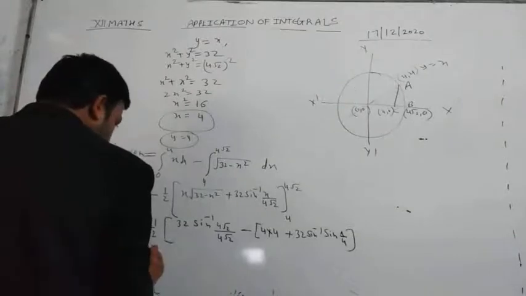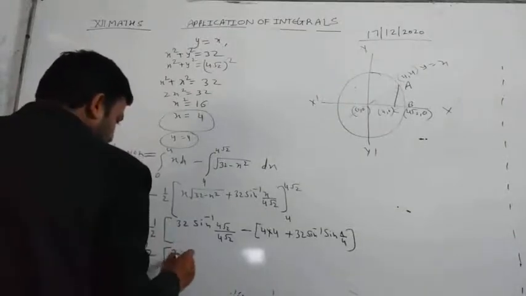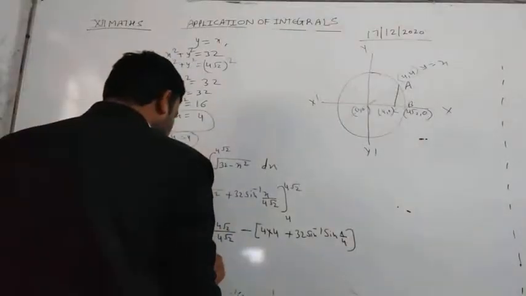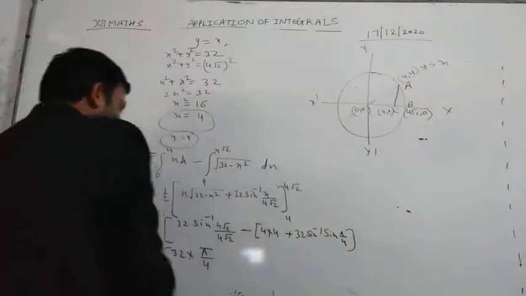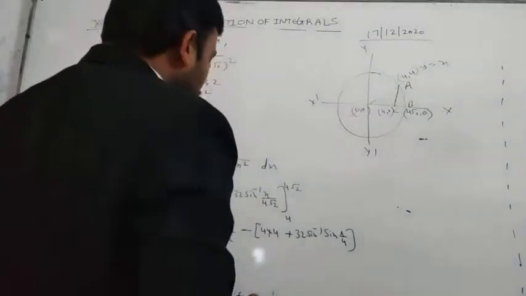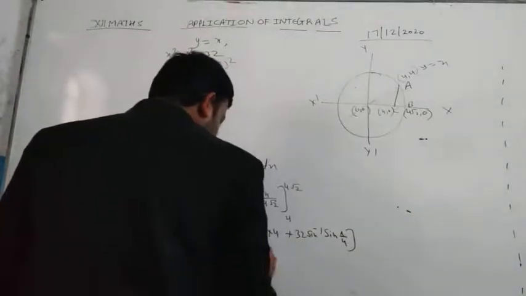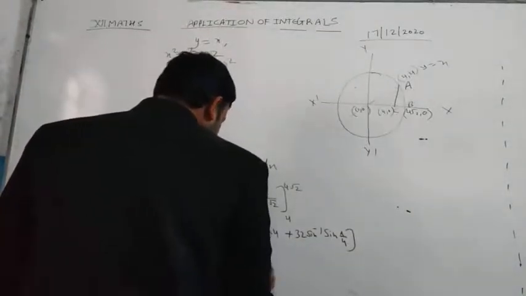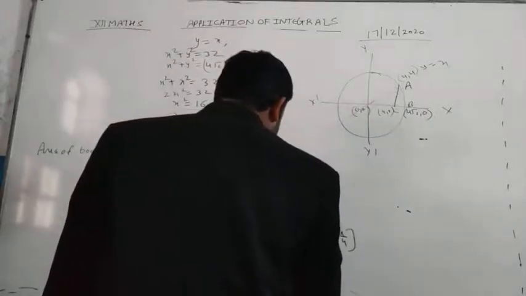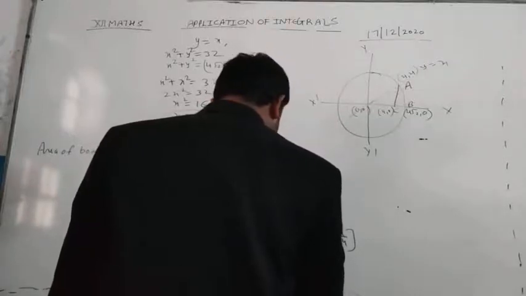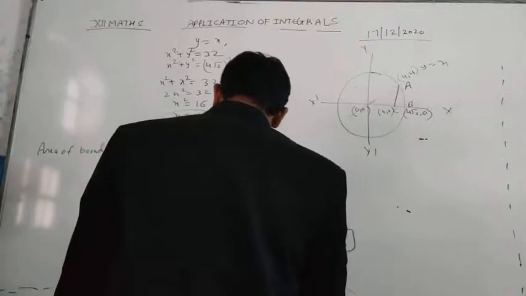So 8 minus 1 by 2. Okay, so 32 into sin inverse, this will be cancelled here, so it will be pi by 4, minus 16 and minus 32 into pi by 4 again. Okay, student.